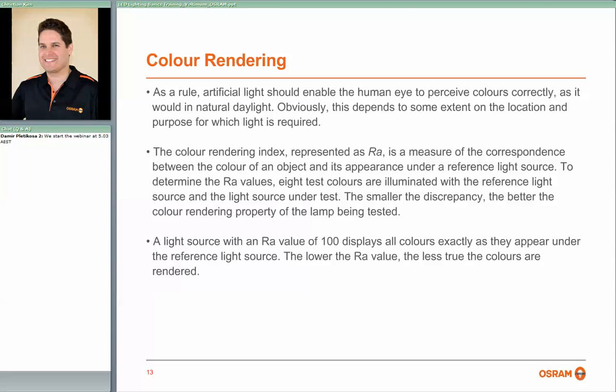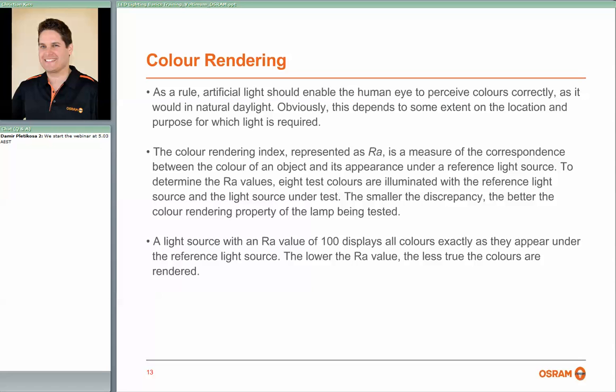So to determine these values, they use test colors on a color swatch, and then the average of overall is taken of that, and that's how you determine what your color rendering is. So in effect, it's a number on the scale of 1 to 100, kind of like a percentage. So the higher your value, the better color rendering, because the better your eye will perceive specific colors under the light source.